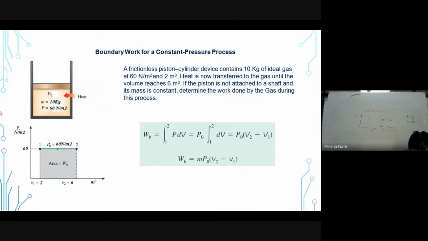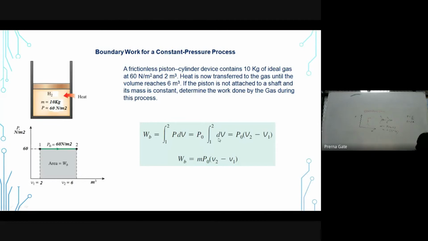Now let us take another process, that is a constant pressure process, or isobaric process. Focus your attention on the equation that we have derived for work done for a quasi-static process, the integration of P dV, with certain assumptions we have made. Here the pressure is constant, and if you take it out of the integration, it will be the integration of dV, which comes out to be V2 minus V1.